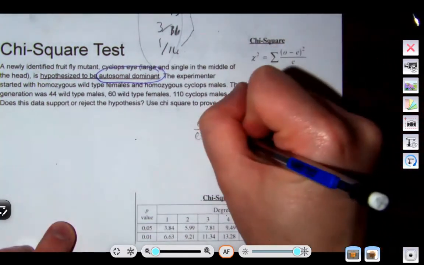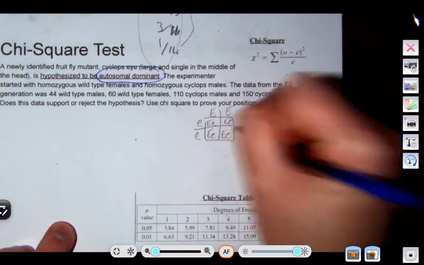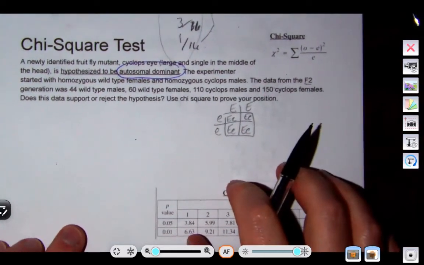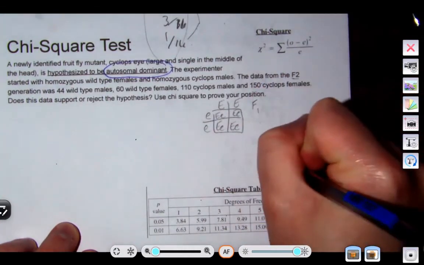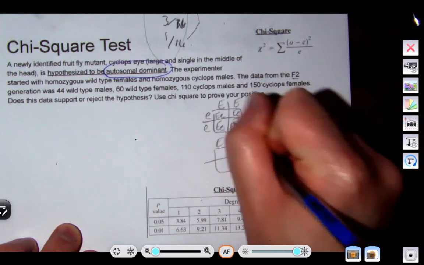They're all going to be big E, little e. Okay, so this is our F1. Our F2, our cross was big E, little e, because that's all we had, right?